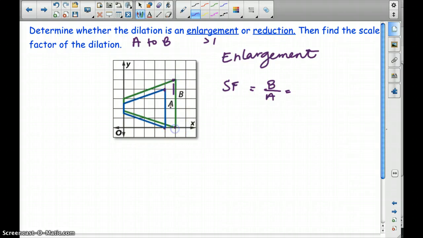So let's see, this is 1, 2, 3, 4, 5. So A is 1, 2, 3, 4. And B is going to be 1, 2, 3, 4, 5. Okay, and that's our scale factor.